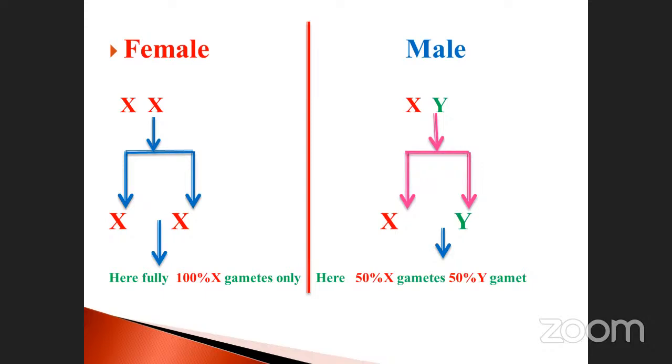But in this category, male gamete, the 50% of gamete X comes from the female. So the Y is the deciding authority of the male. See here, 50% X gamete and remaining 50% Y gamete. So this is the difference between X and Y chromosome or Y linkage.